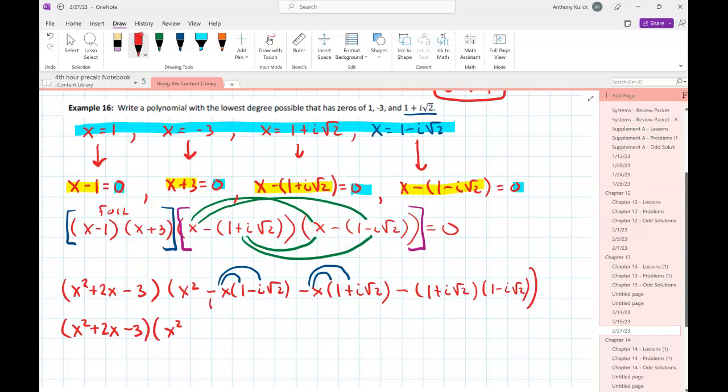Well, there's the negative sign, right? Got to be careful I'm taking that with me. And then that last piece I'm going to FOIL.